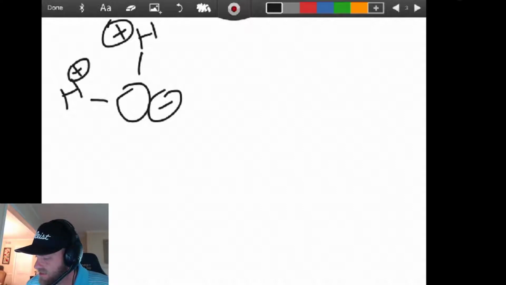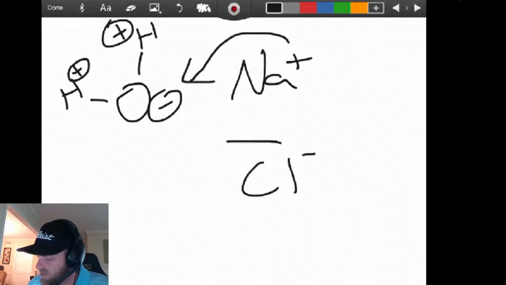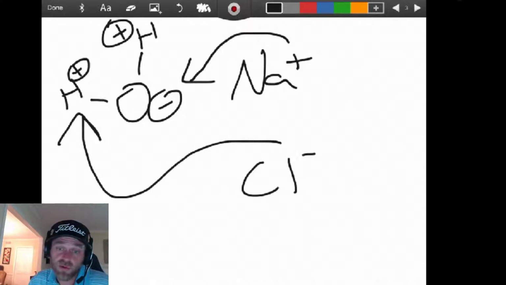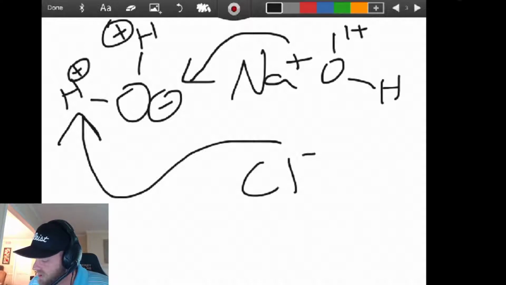So when I dump salt into water, NaCl, these ions will split up and they'll attract to the opposite charge of the water, or the water will attract to it. And so water surrounds the sodium individually, and it also surrounds the chlorine individually.